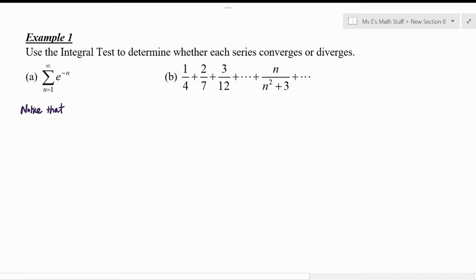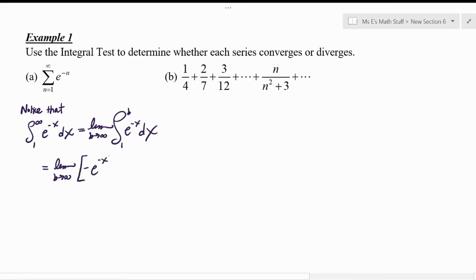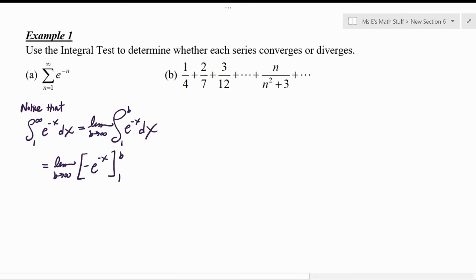Anyway, so notice that the integral from 1 to infinity of e to the negative x dx is equal to the limit as b approaches infinity of the integral from 1 to b of e to the negative x dx, which in turn is equal to the limit as b approaches infinity of the opposite of e to the negative x from 1 to b.